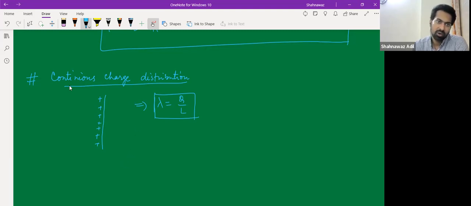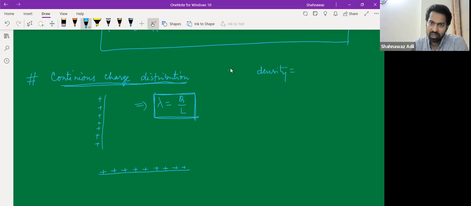Yeah. We have continuous charge distribution. Let's say we have a line charge, and the charges are placed like this. So this is a linear charge distribution, and there is a thing called linear charge density.